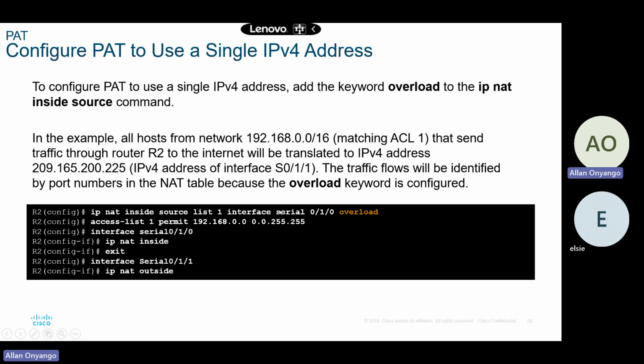Then you put the interface, if it is serial 0/1/0, or gigabit Ethernet G0/0/0, the interface that faces the internet or the public part of the network, and then you add the word overload here. So the word overload is very, very powerful here.